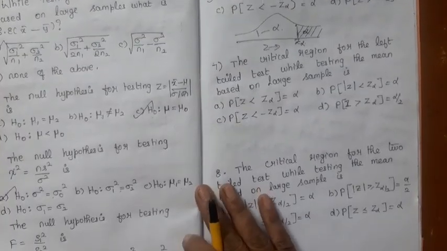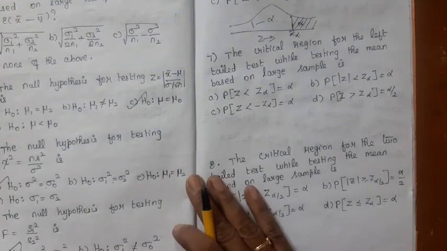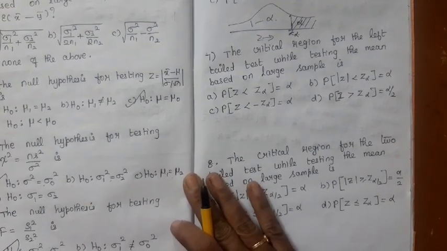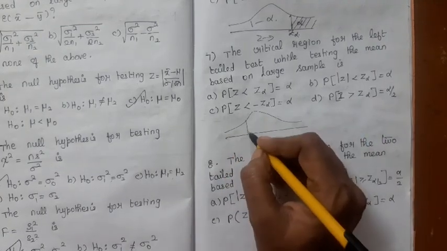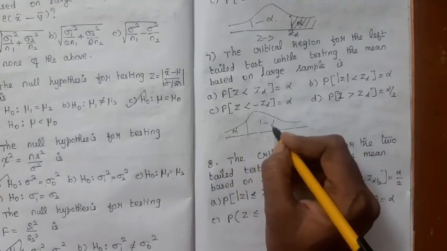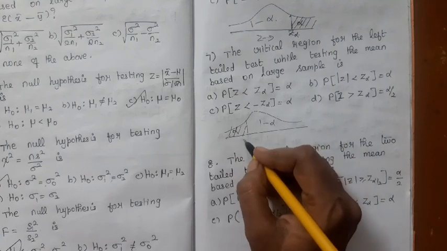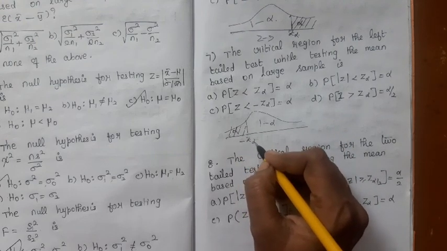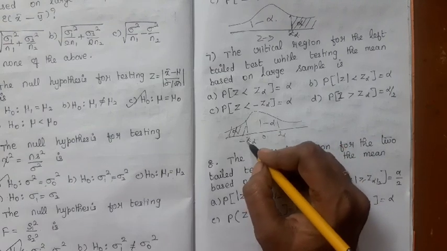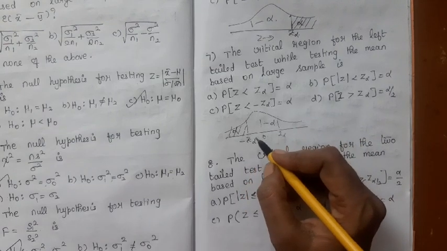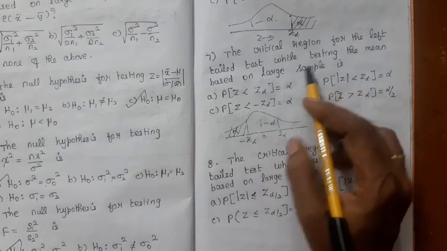The critical region for the left tail test while testing the mean based on large sample. The test is left-sided, right? Left-sided means you will have the critical region here. This value is minus Z alpha because if this is Z alpha, this is minus Z alpha. So how will you define the critical region? Let us check.